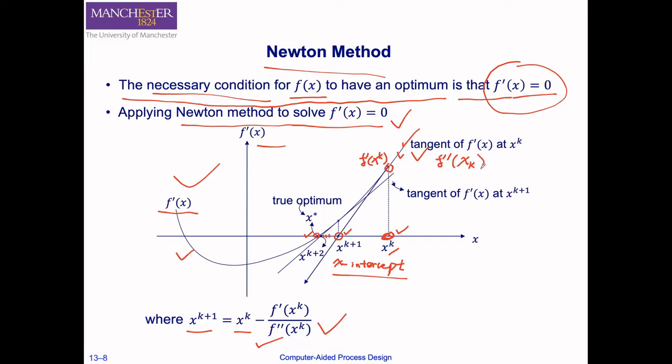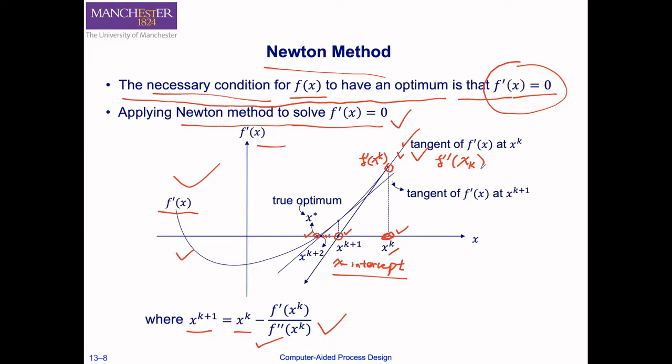The slope of this tangent line at xk is equal to the first derivative of f prime x, which is also the second derivative of the function f(x) at xk.